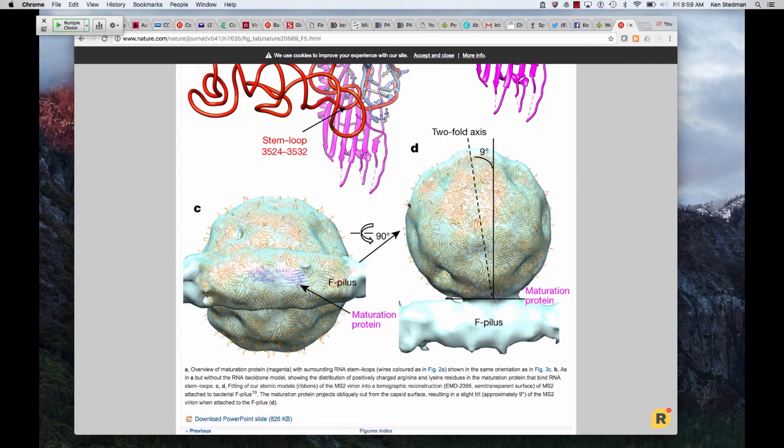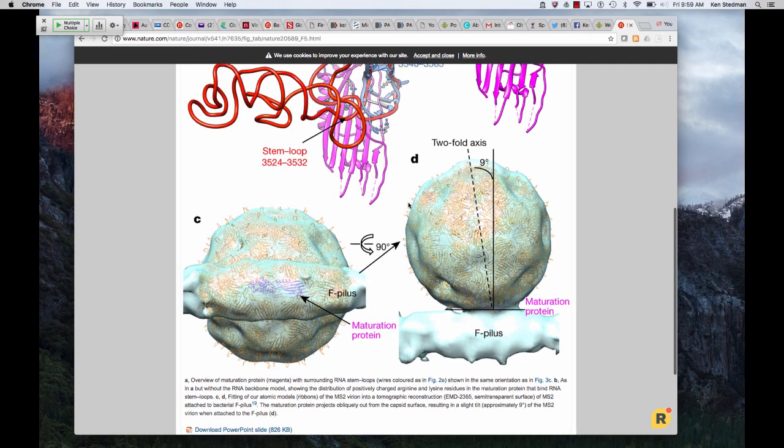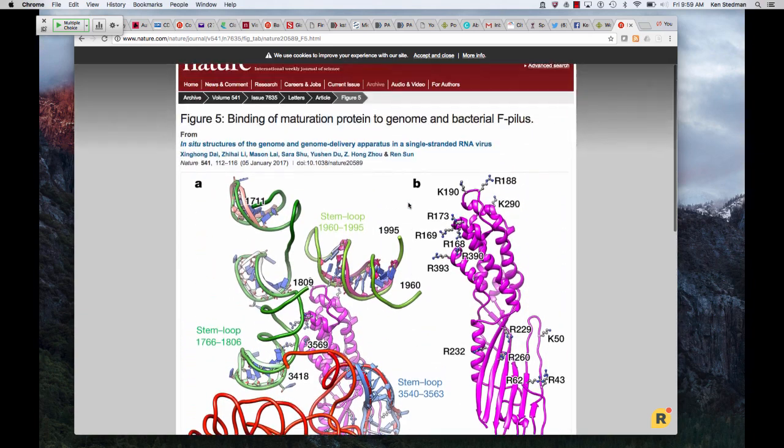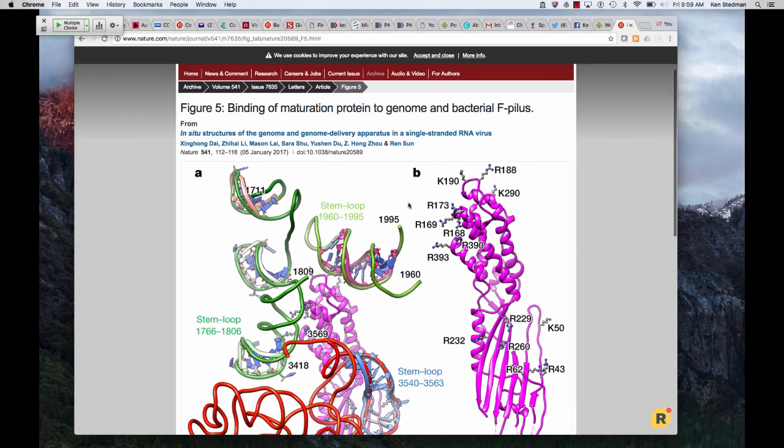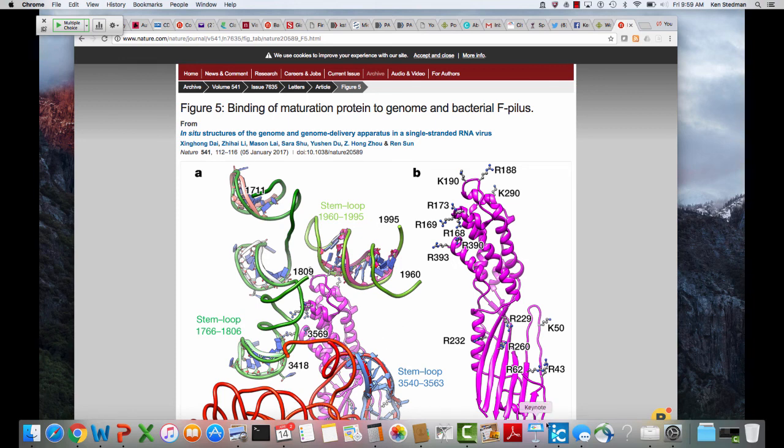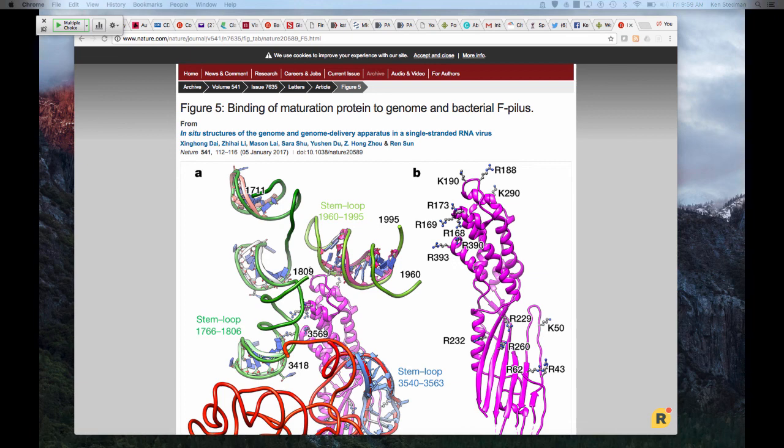The rest of the virion is all T equals 3 pseudoicosahedral. And one of the really amazing things about this structure is they also were able to identify a lot of the RNA present on the inside of each of these capsids. So that's, again, the latest, greatest structure.